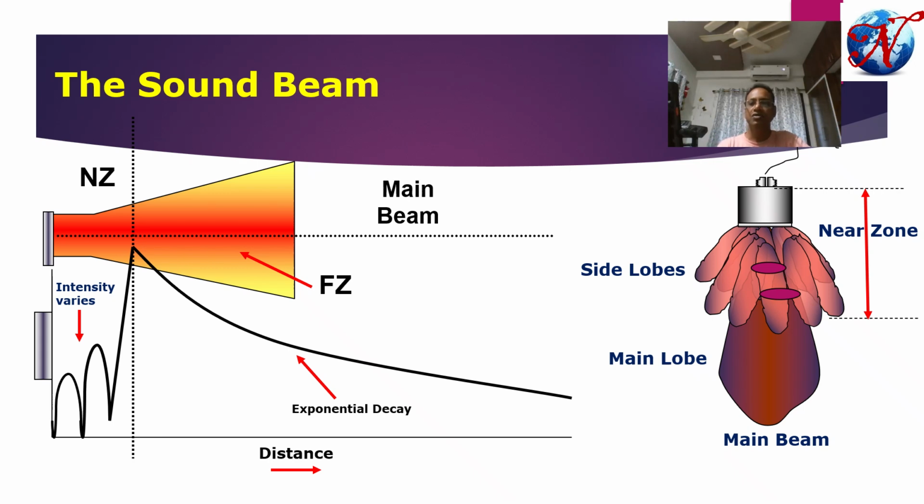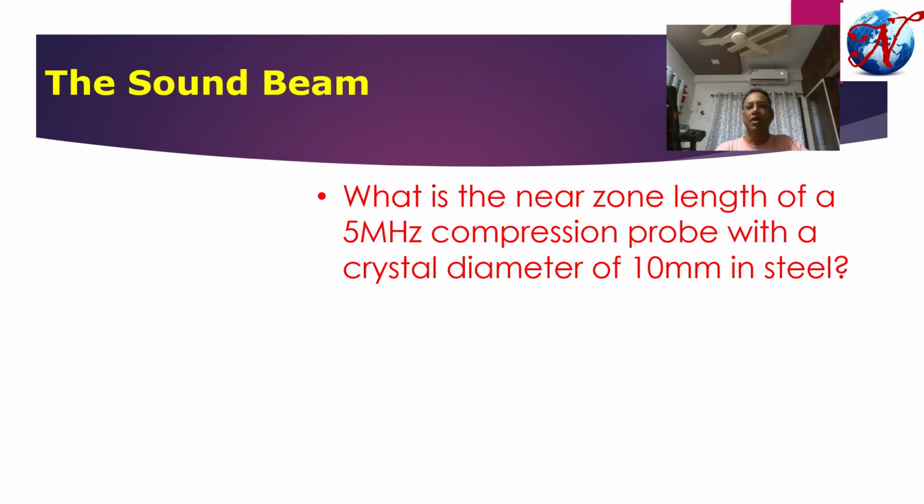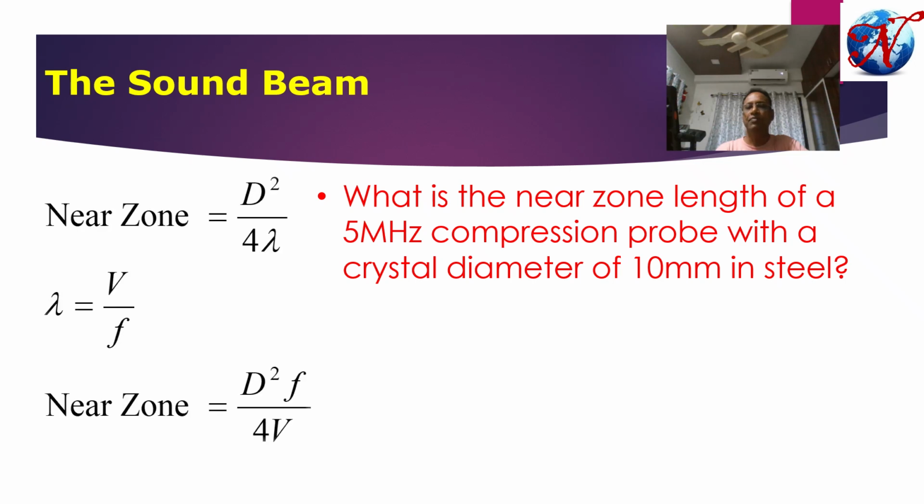And in the far zone, due to the beam spread, the intensity of the sound changes from point to point. So when we carry out the inspection using the ultrasonic probe, we need to know the near field and beam spread angle for that particular probe.